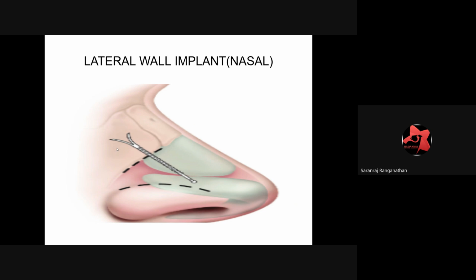Then a nasal implant. If somebody has an abnormality like a narrow space, or muscle overgrowth, in that scenario they will place this implant to support our respiration process, which means while inhaling, it will allow whatever amount of air we need.